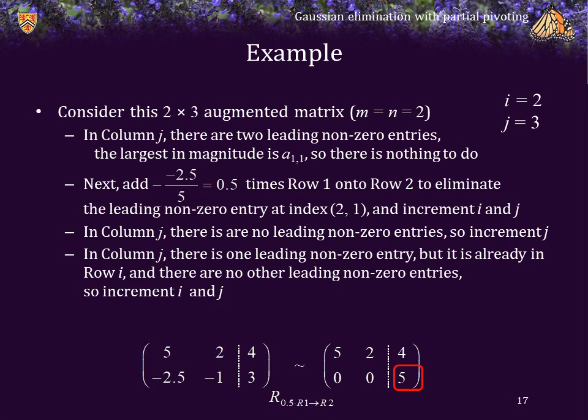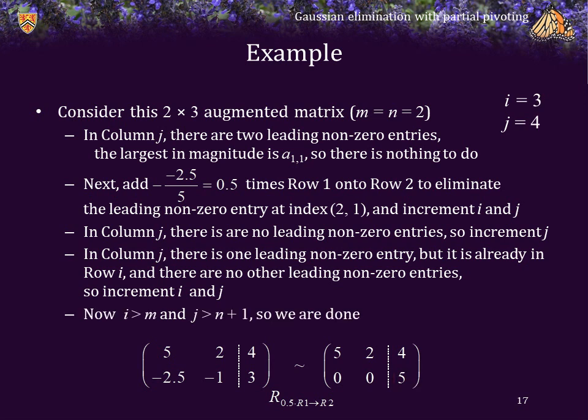We incremented j, so now in column 3 there is one leading non-zero entry, but it's already in row 2, and there are no other leading non-zero entries in column j equals 3, and so therefore we're done. Increment both i and j.